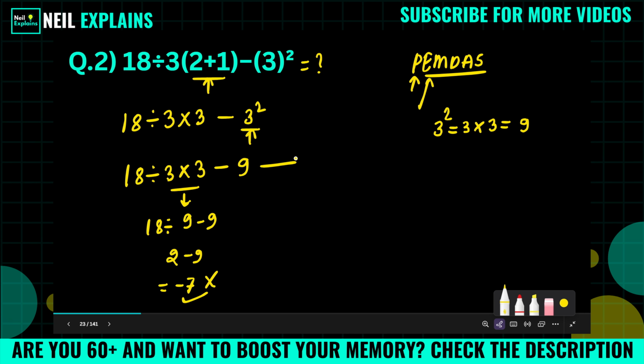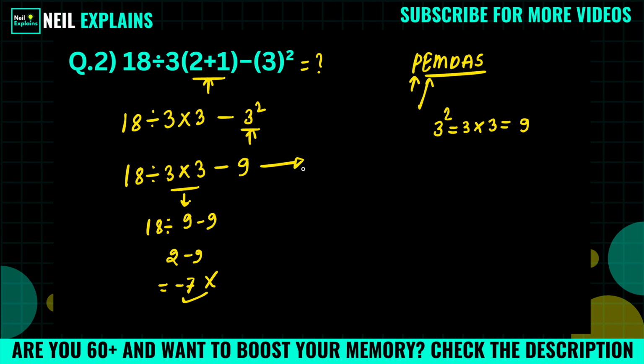We will solve the correct way. As we know, multiplication and division have the same priority, so we have to solve from left to right. We will write our question again: 18 ÷ 3 × 3 minus 9, and we solve this part first. 18 ÷ 3 is 6, times 3, minus 9.